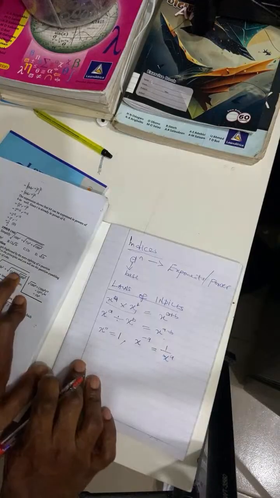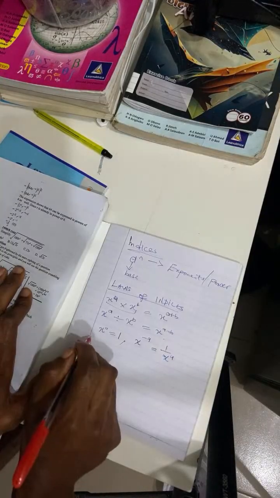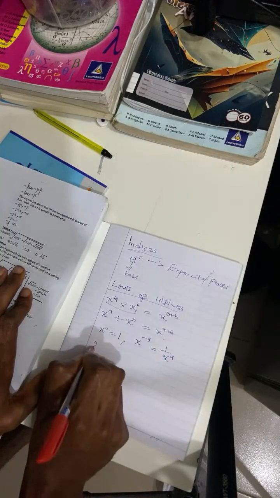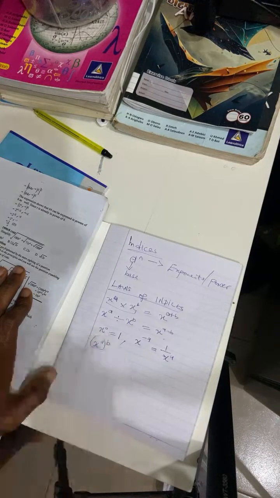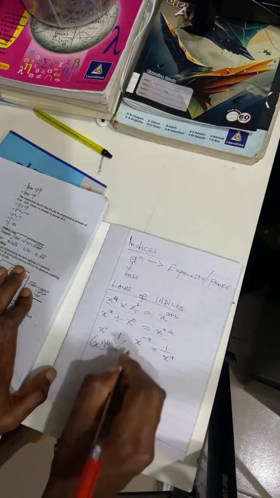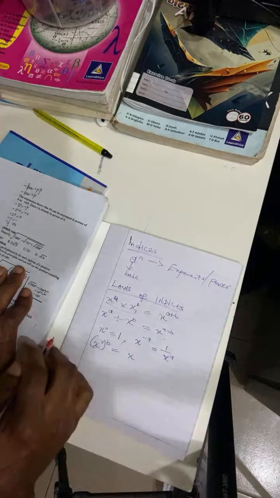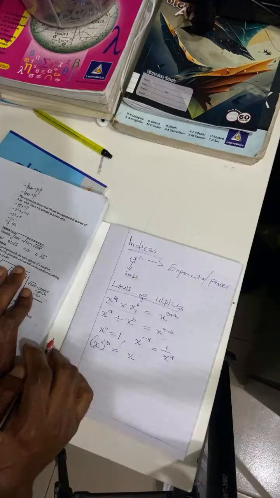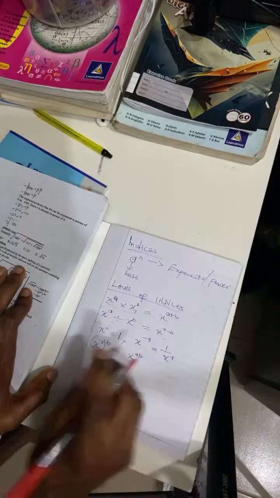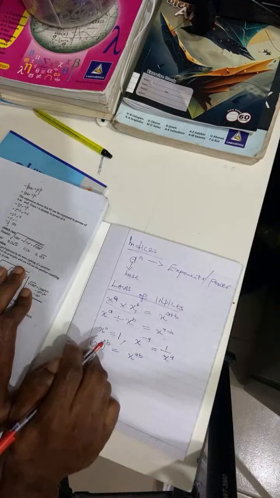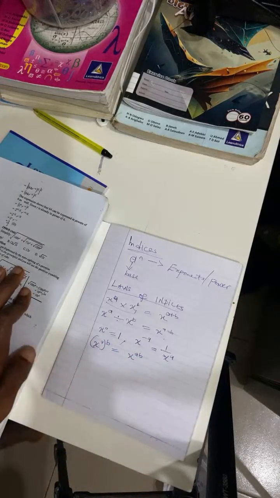And again, whenever we have something like x raised to power a, then raised to power b, the answer here in indices is that you multiply the powers. That is, you are going to have x to the power of ab. And so on, we have lots of it.